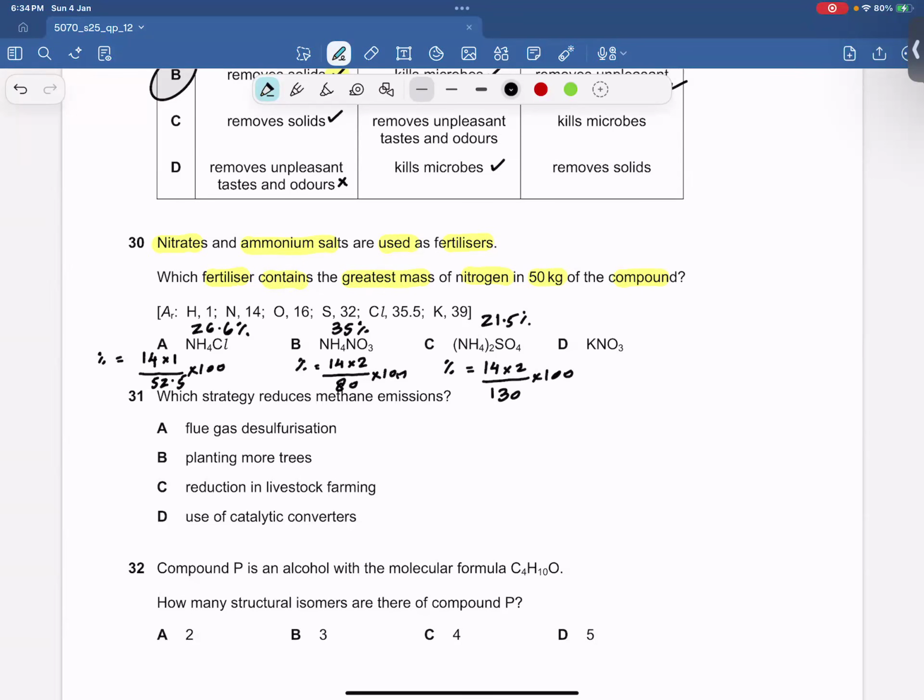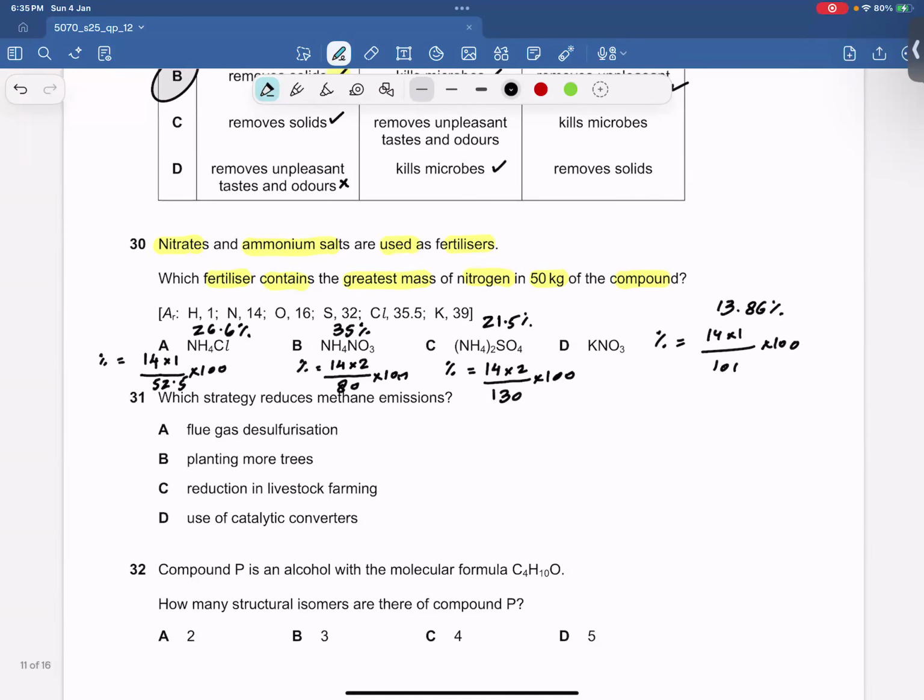KNO3 has only one nitrogen. So the percentage by mass of nitrogen is going to be 14 times 1 divided by the Mr of KNO3. 16 times 3 plus 14 plus 39 is 101, times 100. So 14 divided by 101 times 100 is going to be 13.86.